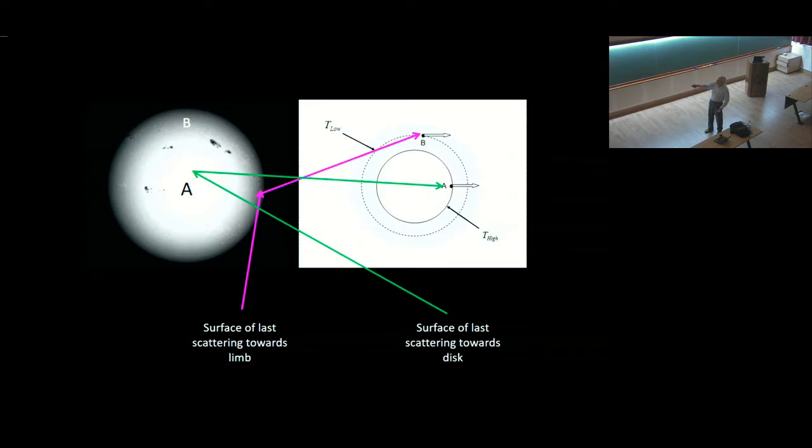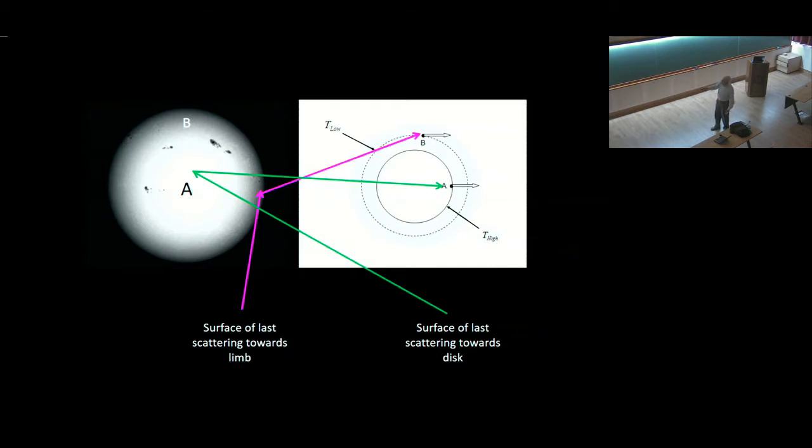Therefore, I have to look for a point where the optical path lengths are comparable, and that can only happen from a sphere of larger radius. And since radiation is coming out of the sun and not going into the sun, we can conclude that the interior of the sun is hotter than the exterior of the sun.